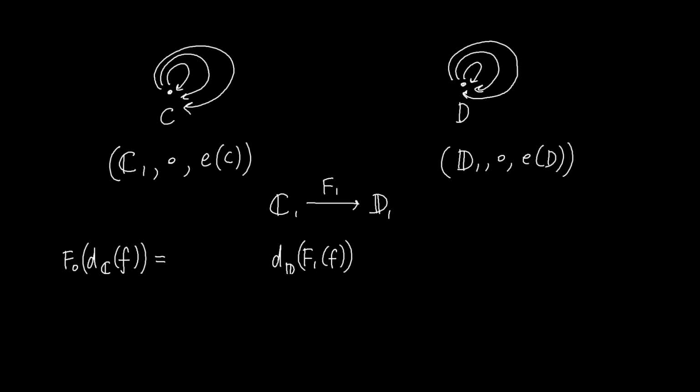So F0 of domain of F for arbitrary F. Well, the domain of arbitrary F is C, right? And F0 of C is D. That's the only object we have in the other category. And of course, that will be equal to the domain of any morphism in the other category. So it will hold trivially. So this property holds for free, just because we only have one object.